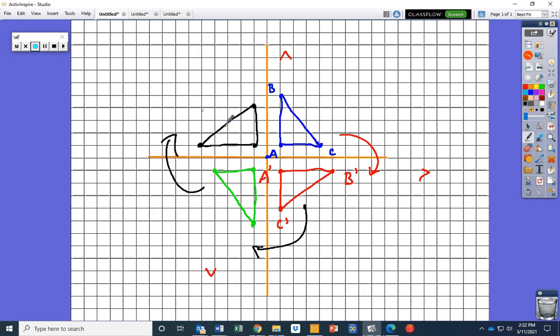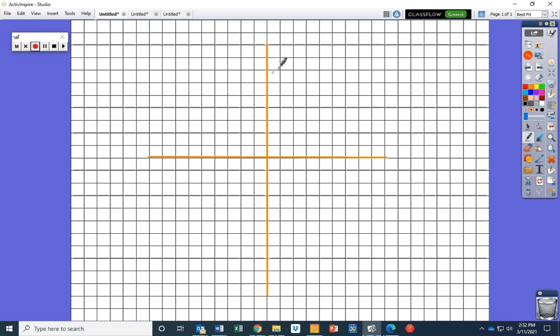I'm going to erase all of this stuff. Now let's say that I have a triangle right here. I think the first one you have overlaps a little bit, if I'm not mistaken. Yeah, it does.